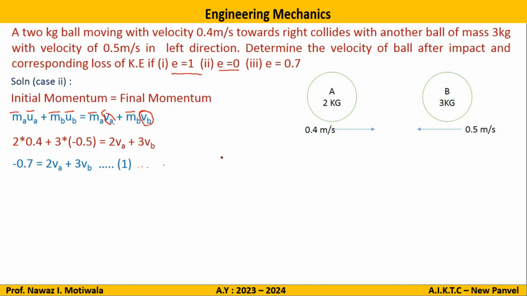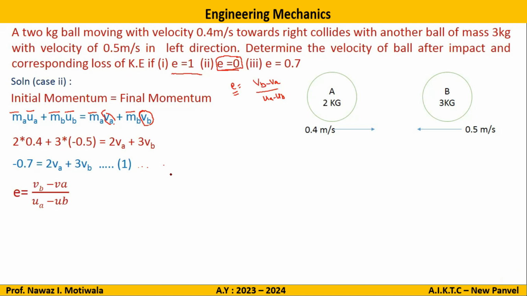But yes, there will be a change in equation 2, because equation 2 was derived in the previous case using the formula e is equal to v_B minus v_A divided by u_A minus u_B. Here we used e is equal to 1, but in this case we are given that e is equal to 0. So this equation will now change. Let us see what the next equation will be.